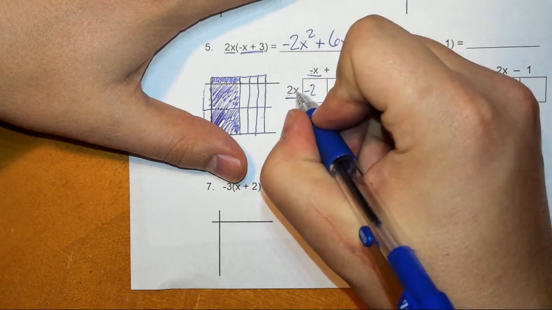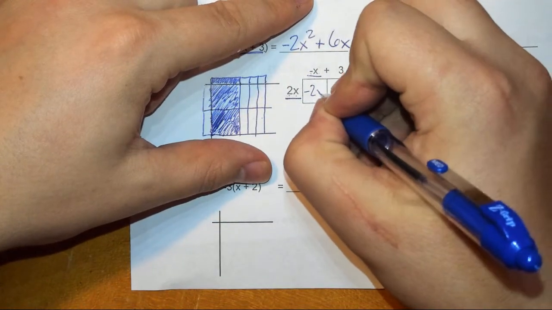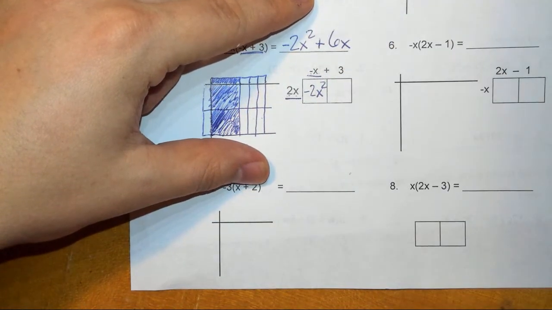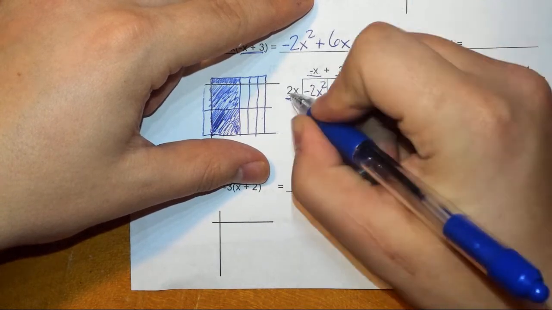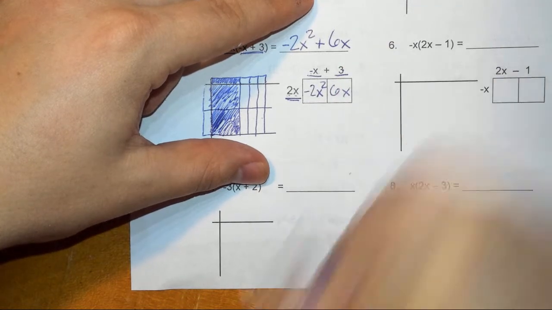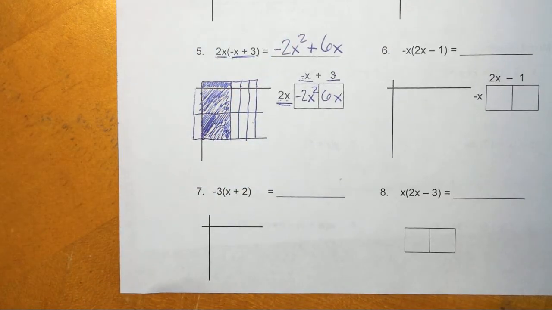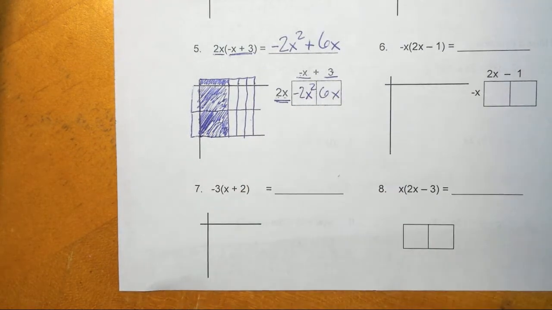And then my x's, I got x times x, and just like the last problem we did, x times x makes x squared. Now here we got 3 times 2x. 3 times 2 is 6, and then there's the x here, but none here, so that's 6x. Same product, right? We got the same thing here and here, just different representations.